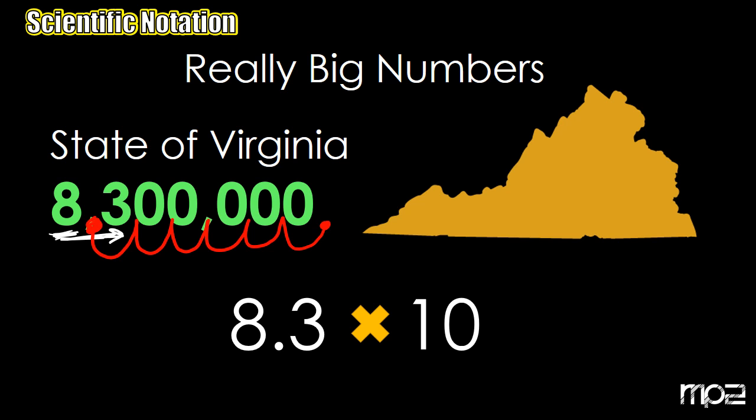I'm going to put my decimal there so you can see that I have 8.3 now. I moved the decimal point 6 place values. 1, 2, 3, 4, 5, 6. So my exponent, you guessed it, is going to be to the power of 6. So 8,300,000 written in scientific notation, I have 8.3 times 10 to the 6th power.